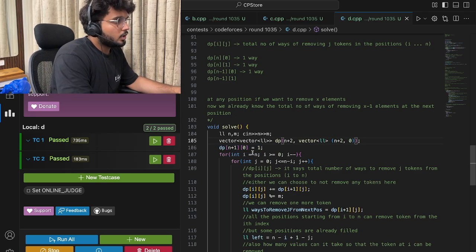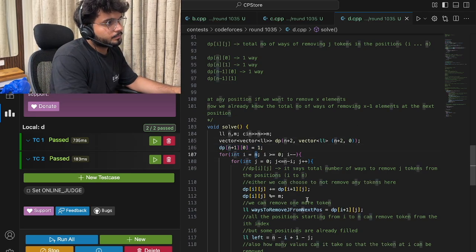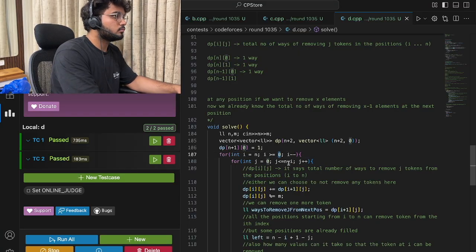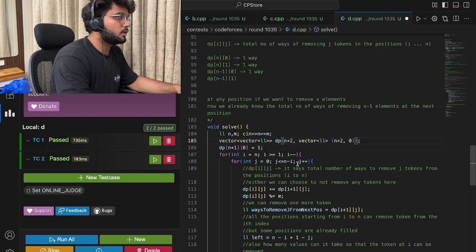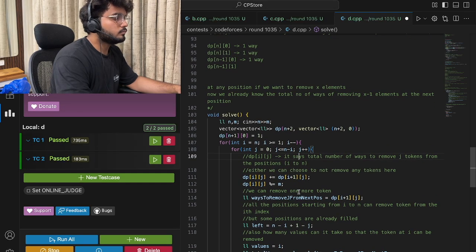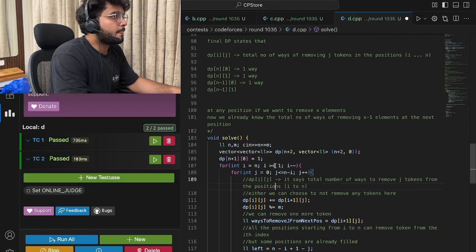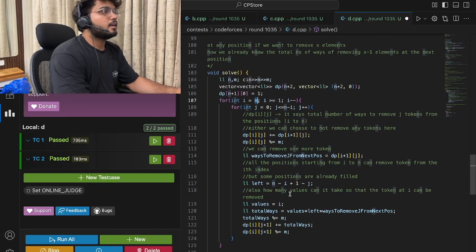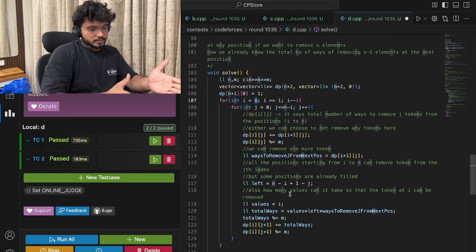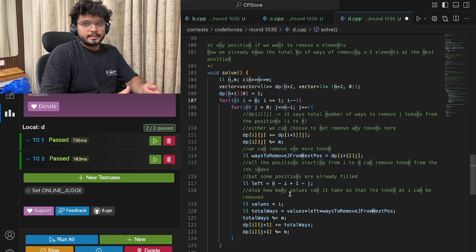Now we'll start from the last position and we'll move towards the first position. I think we can go till 1 only. That is enough. So we'll start from the last position and go over removals from 0 to n minus i.